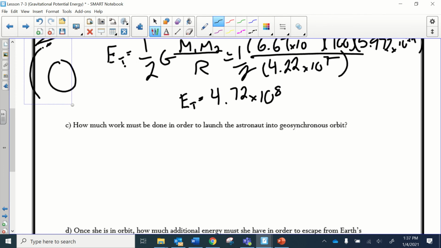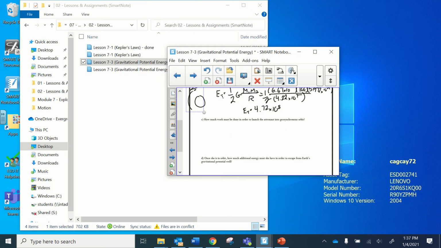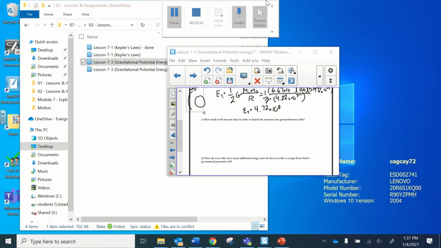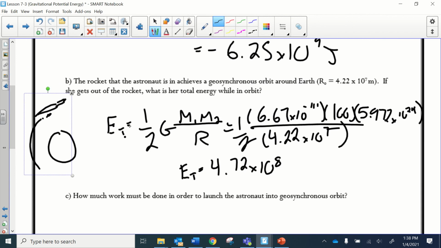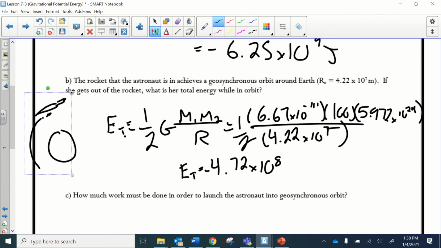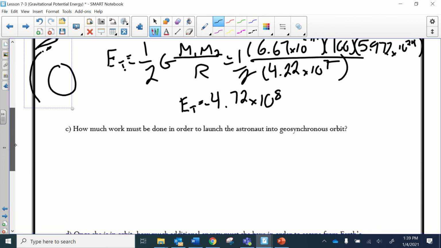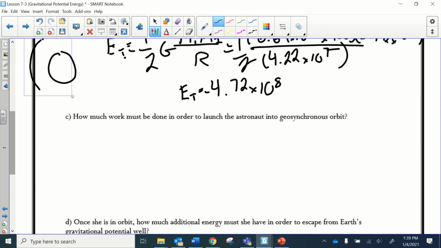How much work must be done to launch the astronaut into geosynchronous orbit? Sorry, mistakes made. I also forgot that this is negative. Okay, going from here, that's how much energy she has while she's in orbit. How much work must be done in order to launch the astronaut into geosynchronous orbit?